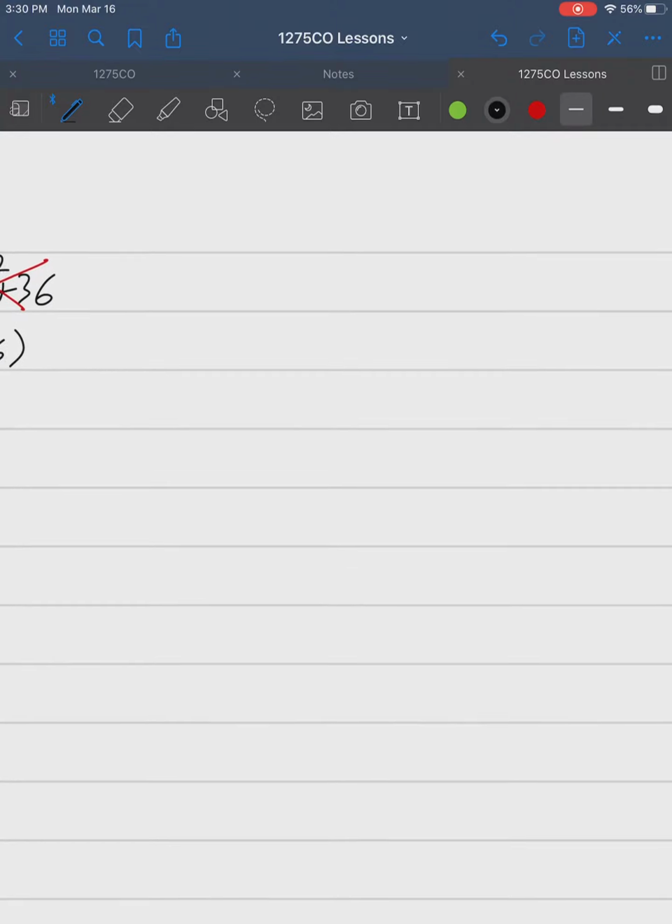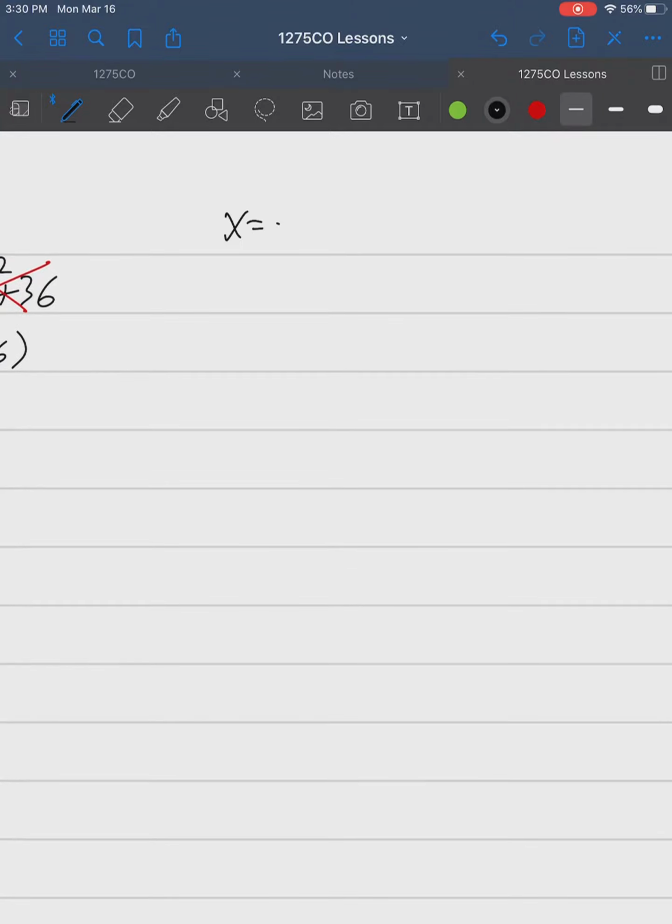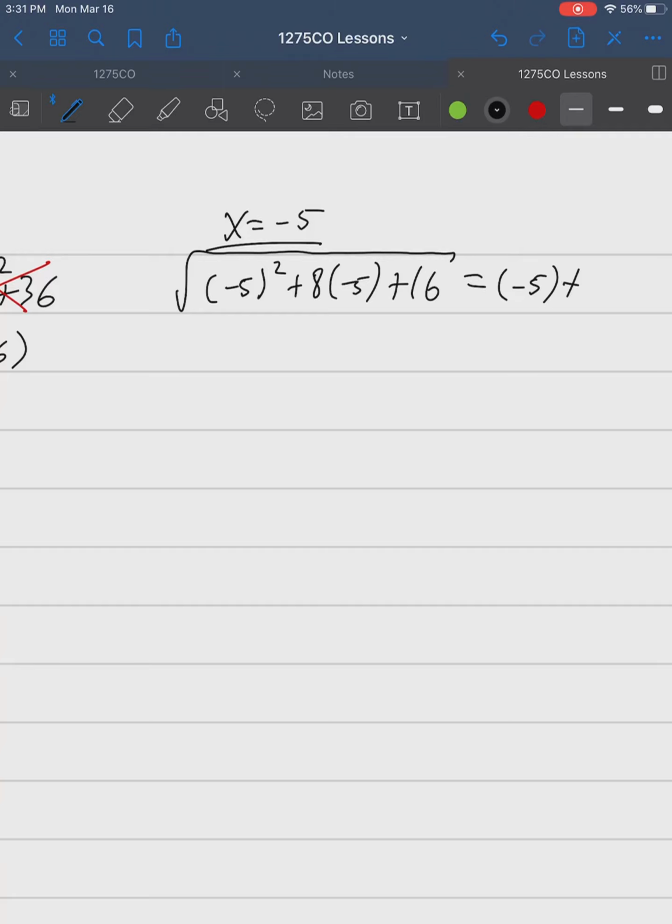Now we want to check our answer here, which is x equals negative 5. So that's going to be negative 5 squared plus 8 times negative 5 plus 16, this is inside the radical, remember, equals negative 5 plus 6.